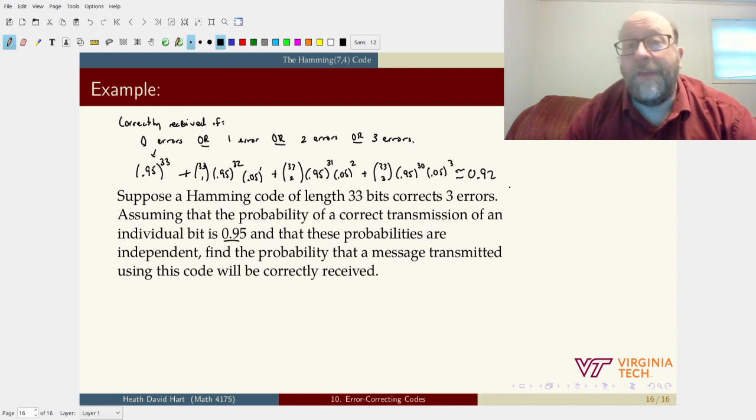Is an 8% error rate too high or too low, or not too low, but is it unacceptably high? Now, if it's unacceptably high, then we need to do more error correction than we've got. Okay? Or we need to find a better communication channel. That would be the other possibility.